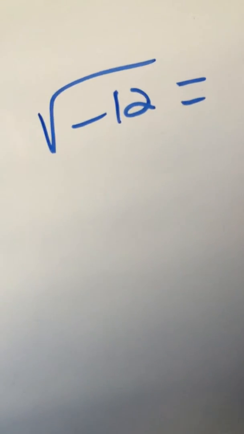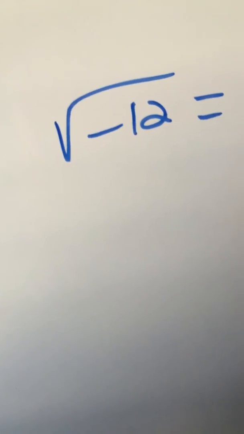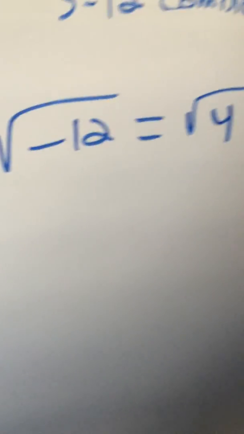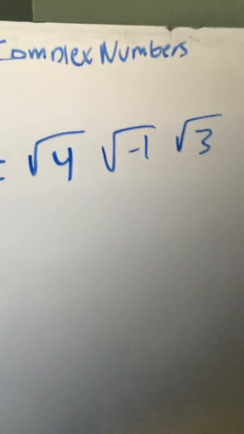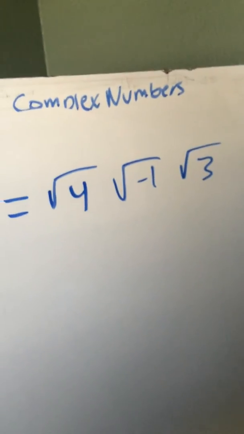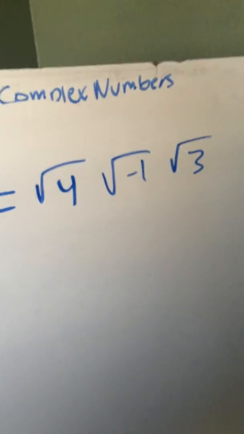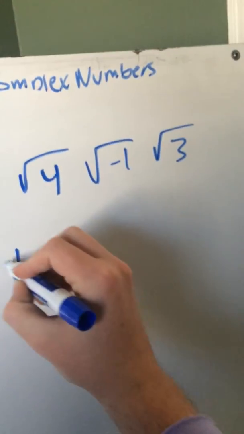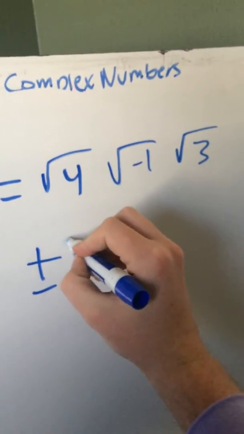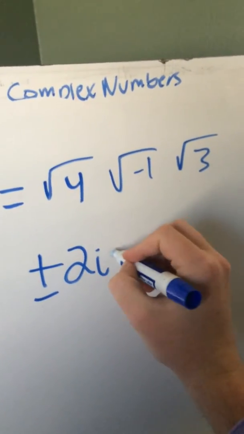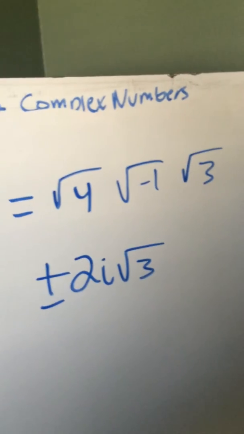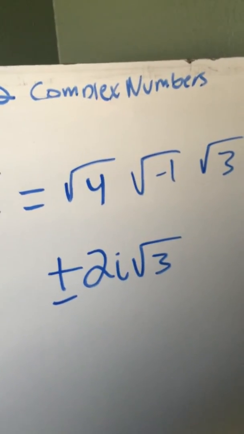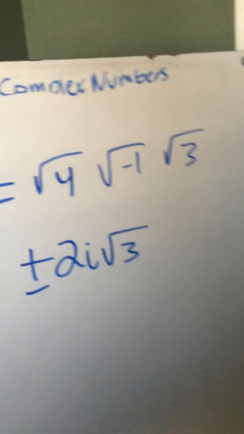Since we have the -1, we have the square root of 4, square root of -1, and square root of 3. 4 is a perfect square, so it'd be plus or minus 2i square root 3, because 3 isn't a perfect square, and the -1 takes the form of i.